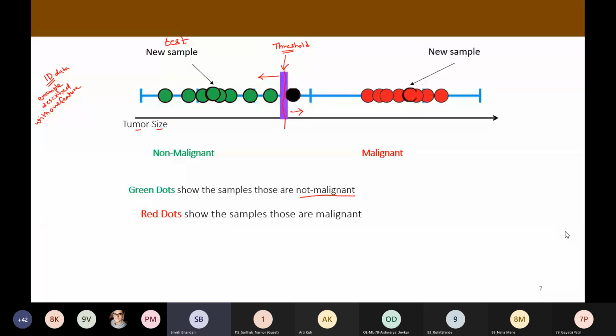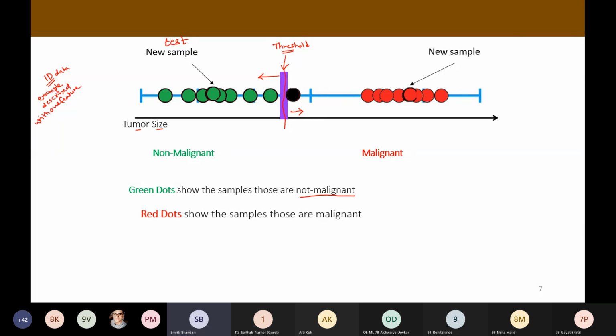Yes, ma'am. So, as per our criteria, we are going to designate this test sample as malignant, right? Because the tumor size for this sample is greater than our threshold.